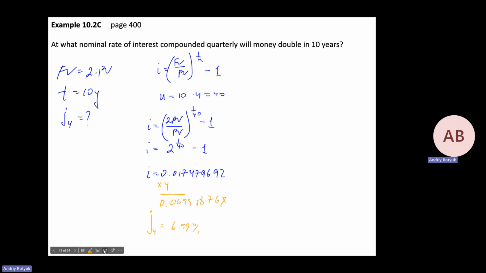Okay, let's do it on the calculator. So second, clear TVM, set PY as 4. So N is 40 for N. Now what would I do for present value?